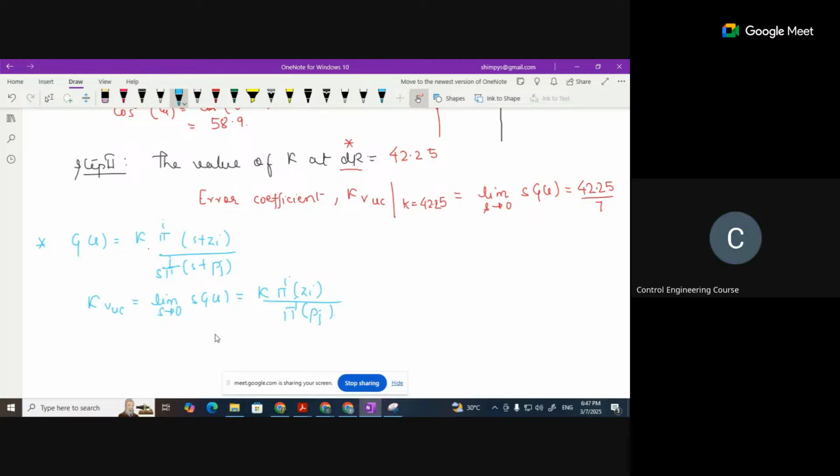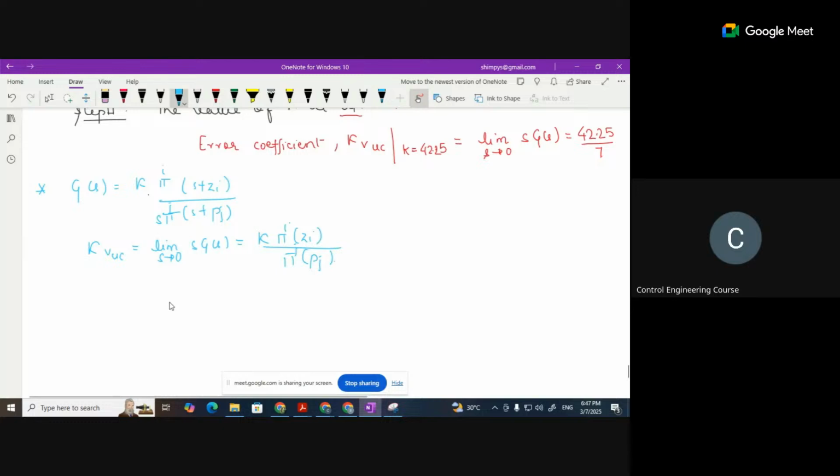Now, you know that when we are designing a cascade lag compensator, the transfer function of it is given as s plus 1 by tau for the zero, and s plus 1 by beta tau for the pole, where beta is greater than 1, right?